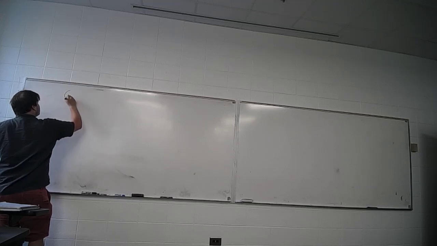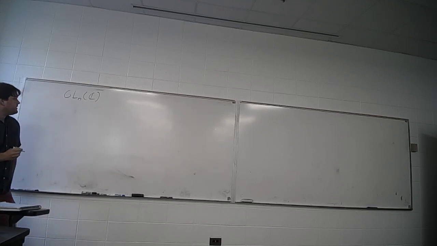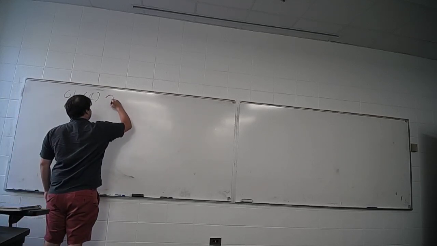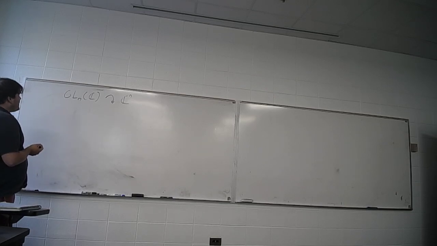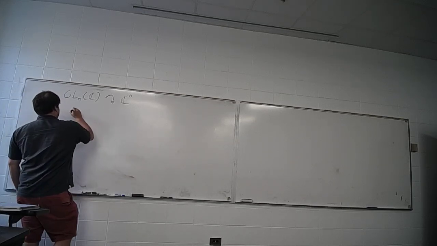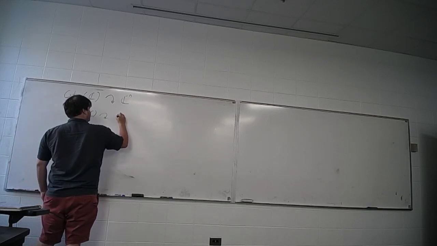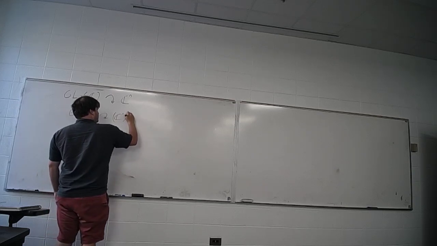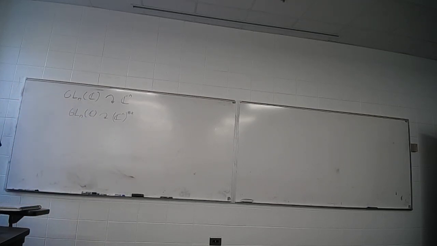So I have GL_n(C), the general linear group, which acts naturally on an n-dimensional vector space. And the nice thing about group representations is you can tensor them together. In particular, this means that GL_n is going to act on the kth tensor power of this standard representation.